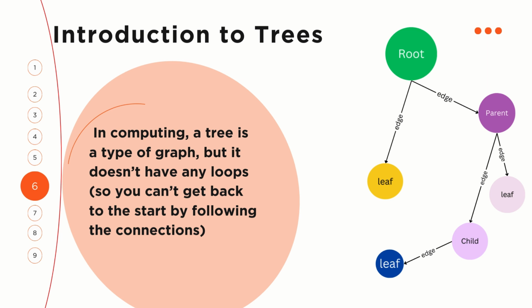One of the children is having a child, and that child now becomes a leaf. On the extreme right, it's another child. Under a parent, we can refer to this child also as a leaf. I hope this concept is clear.